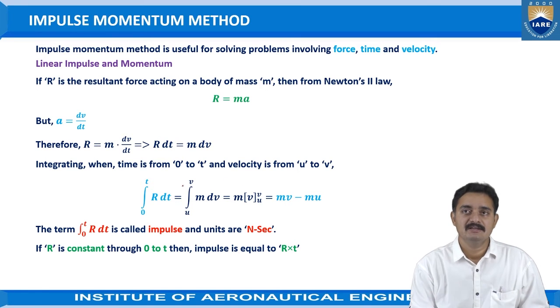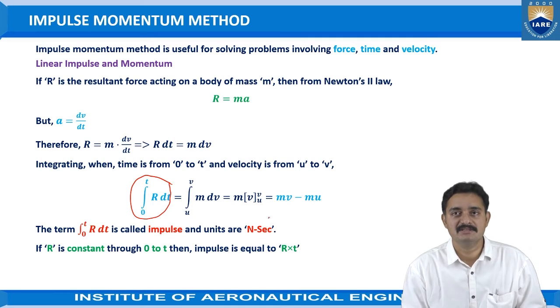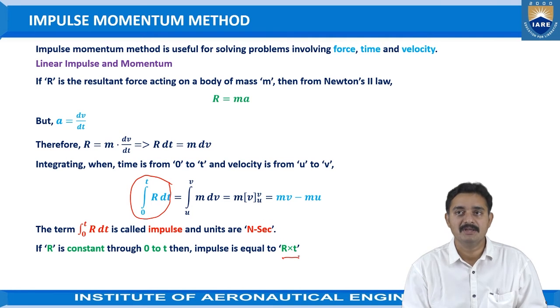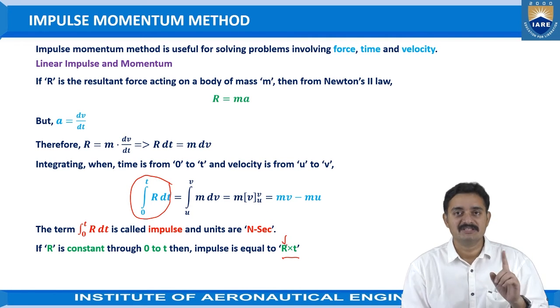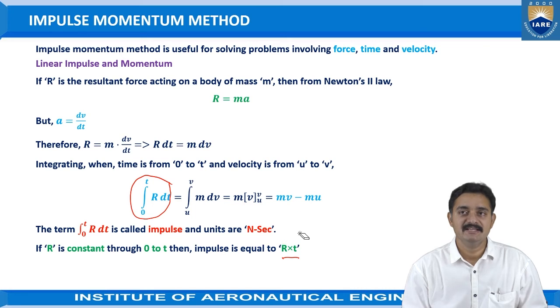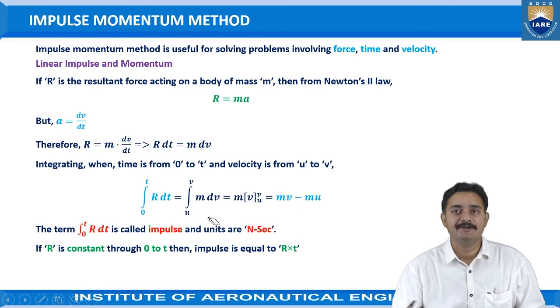So we can get the changed impulse term as R into t, where R would be the constant throughout the time and t is the time from 0 to t.